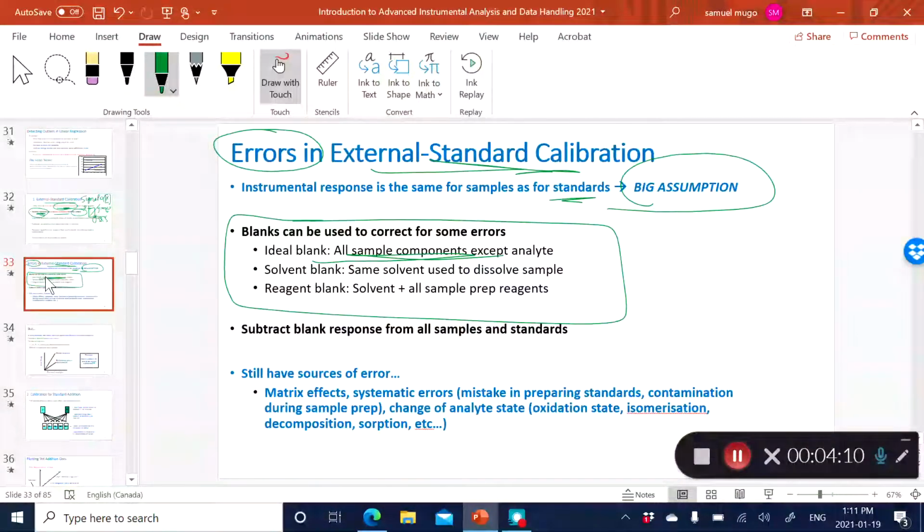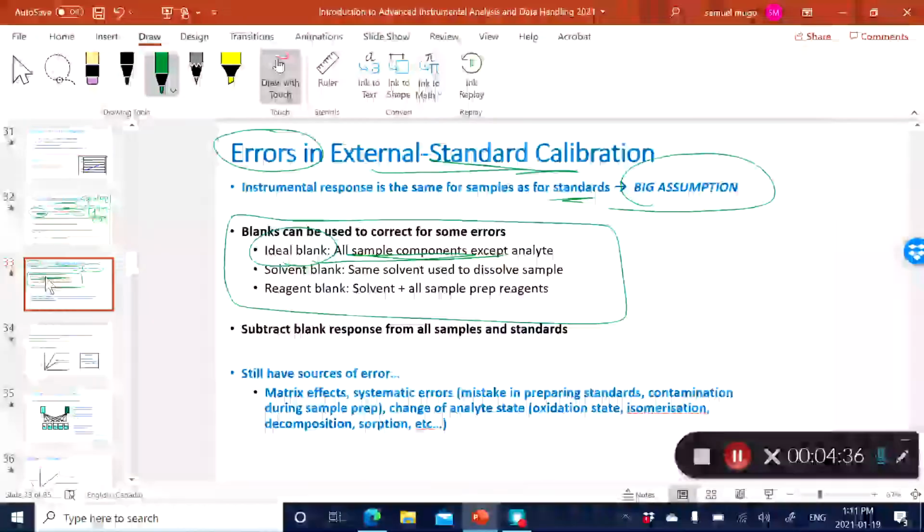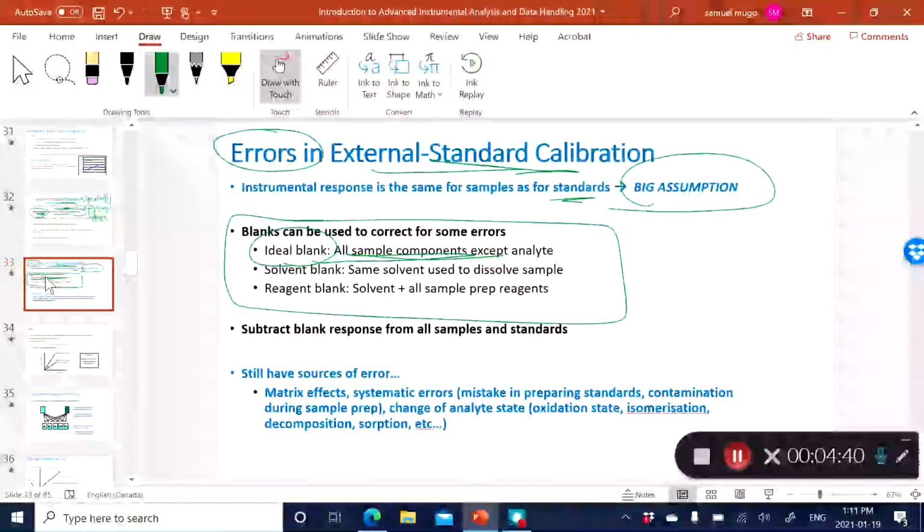Take an example. You're trying to analyze, say, lead in a coal tar that you obtained from the Northwest Territories. Ideally, if at all you can get an ideal blank, the ideal blank should have everything in the coal tar other than the lead analyte that you're analyzing, which is totally, of course, impractical.